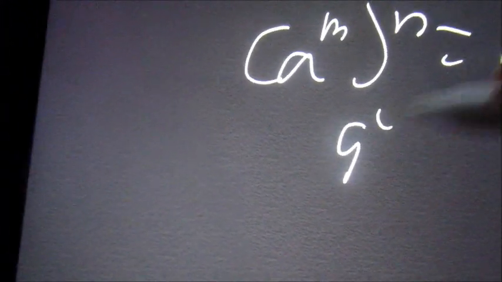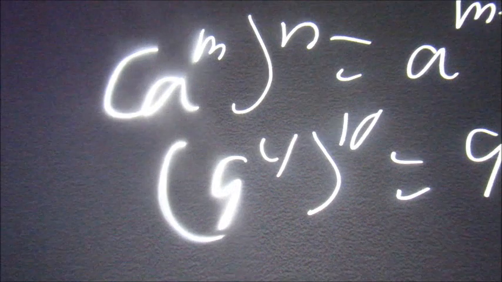So as a number, let's say 9 to the 4 raised to the 10, that's the same as saying 9 to the 4 times 10, which is 40. On the ones in the homework, you will have to work out like I did the previous one. Let's say that we have just letters, z to the 6 raised to the 3, that's z to the 6 times 3, which is z to the 18.